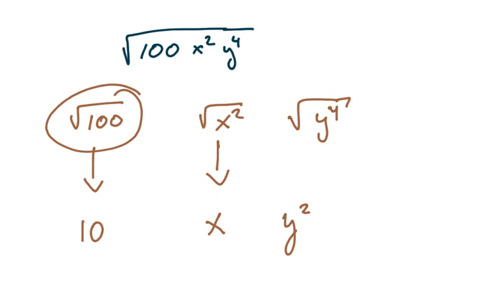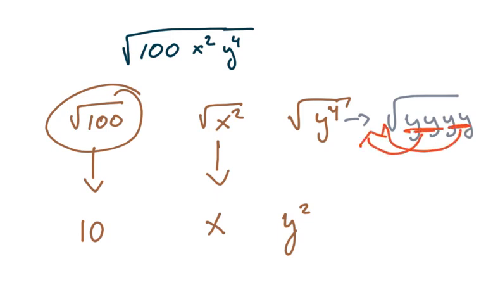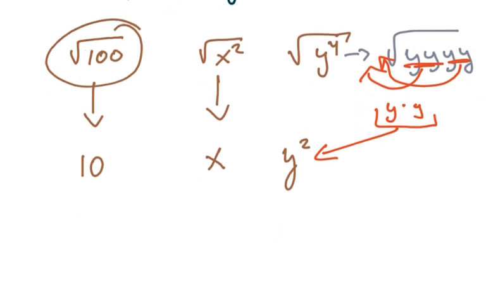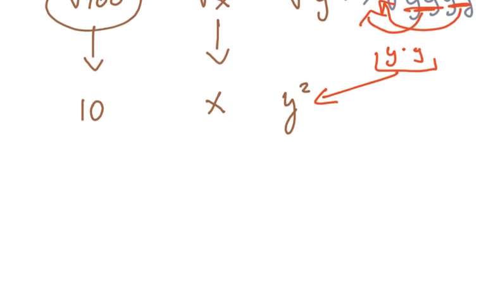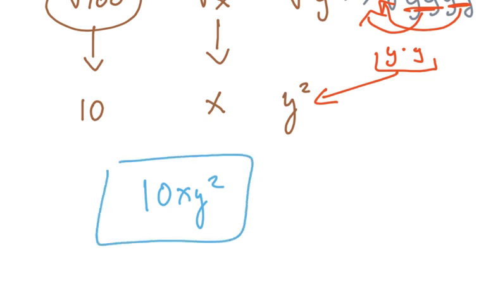Now, y to the 4th, let me do a little more here. This is 4 y's. And I said if you can pair them, they can go outside and play. So you have 2 y's that can go outside and play, which is y times y, which is y squared. So the final answer, put it all together, 10x y squared. Okay, so sometimes it cleans up entirely.